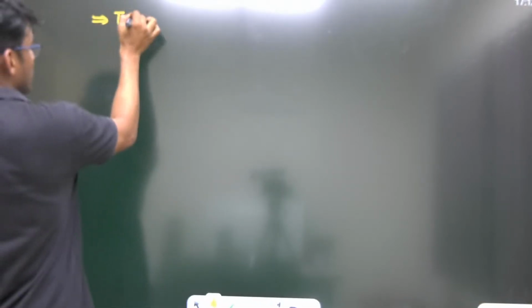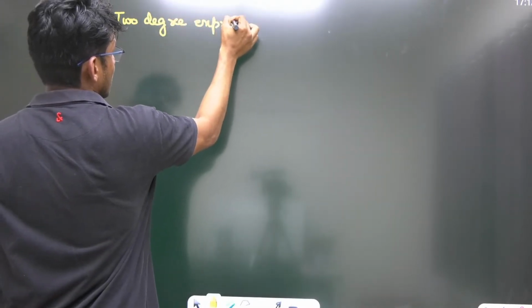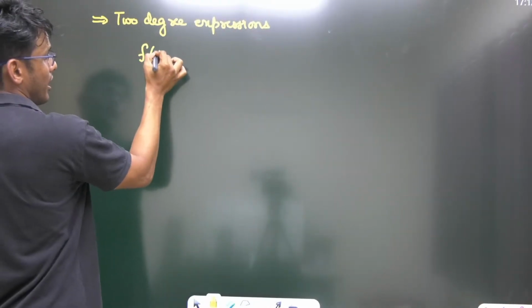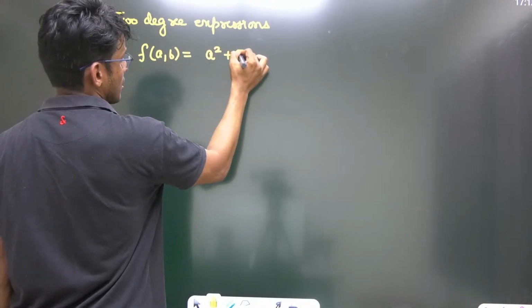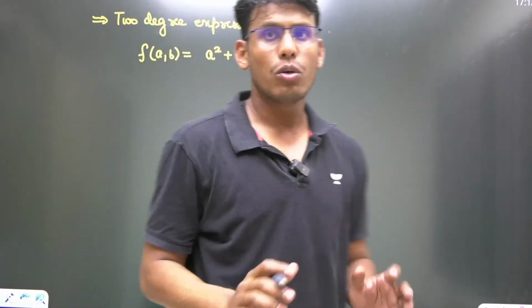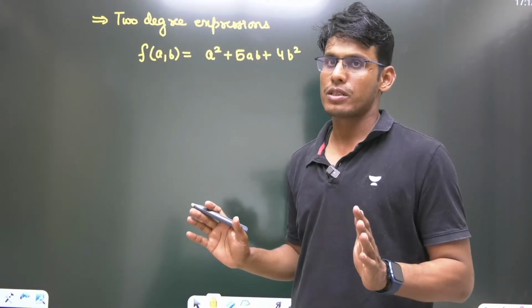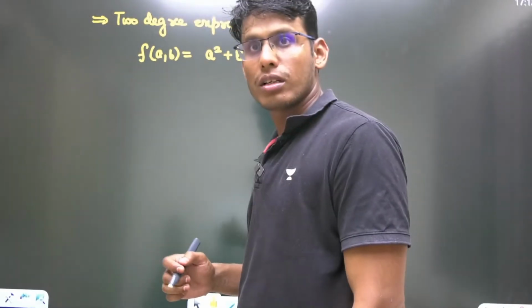So let's take 2-degree expressions. F of a comma b, one example, a square plus 5ab plus 4b square. Now there is a trick to master homogeneous expressions. There is a substitution which you need to do.